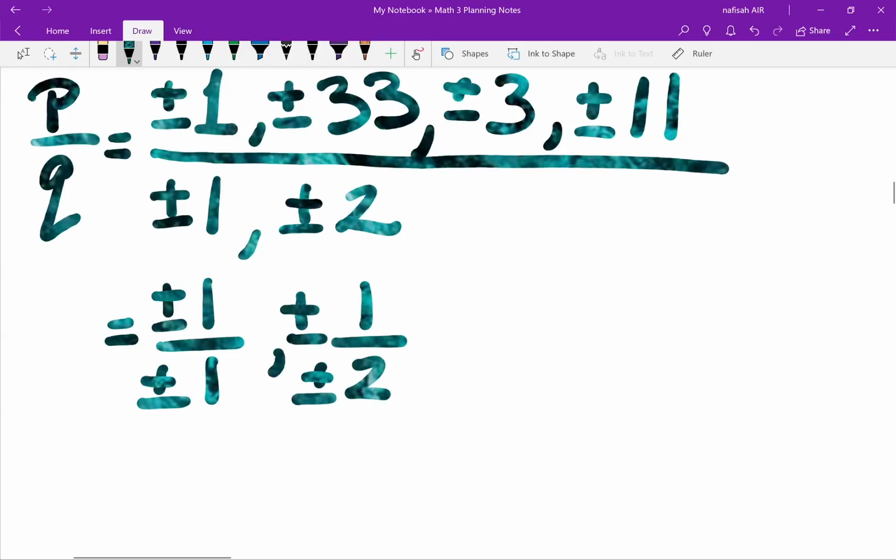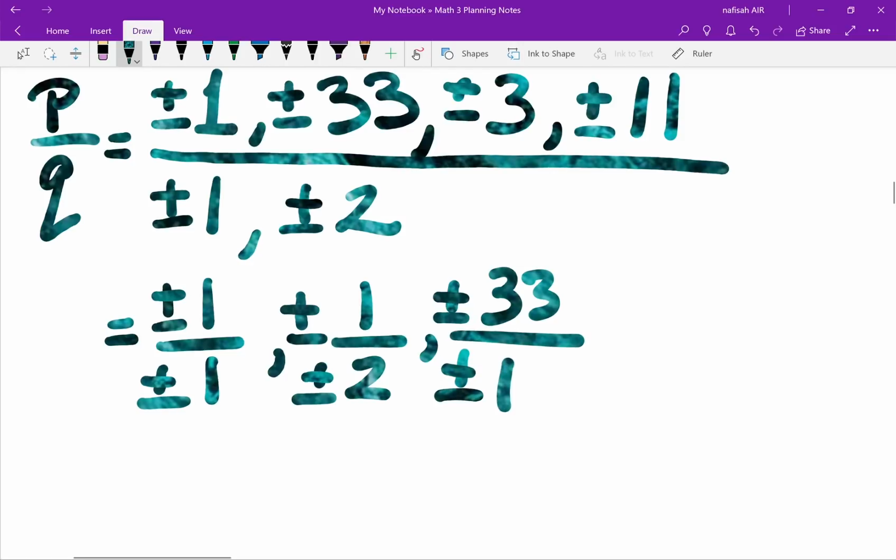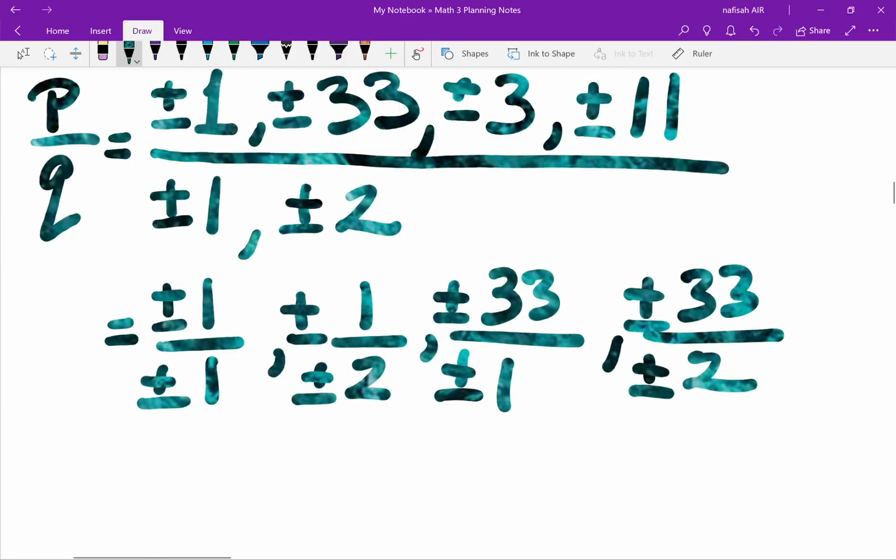So I've taken 1 from the numerator and I've divided it by all of the numbers in the denominator. And I'm going to go to my next number in the numerator. Plus or minus 33 divided by 1. Plus or minus 33 divided by plus or minus 2. I've done 33 divided by everything in the denominator.